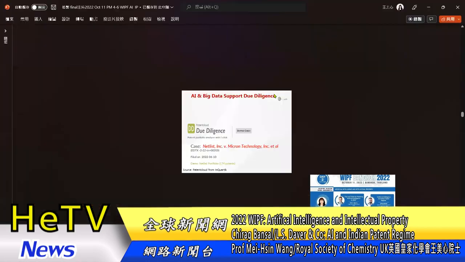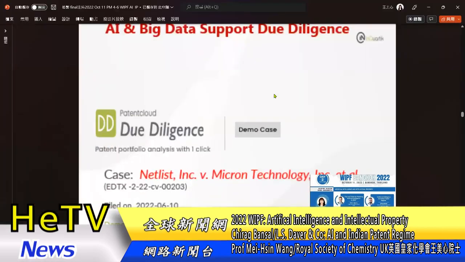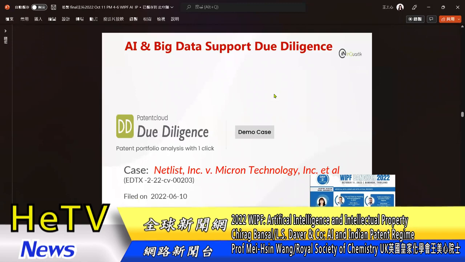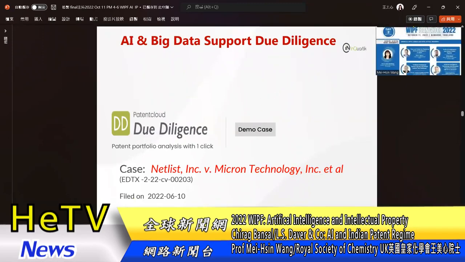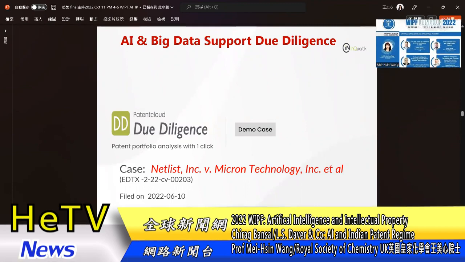Before I pass the floor to Chirag, I would like to introduce you another application for AI. It's already very mature. We apply AI and big data support on due diligence. I would take the recent case, filed 2002, June 10, Netlist versus Micron Technology.